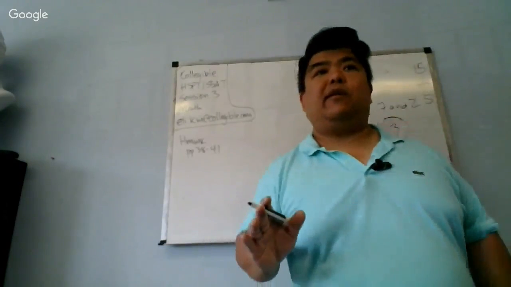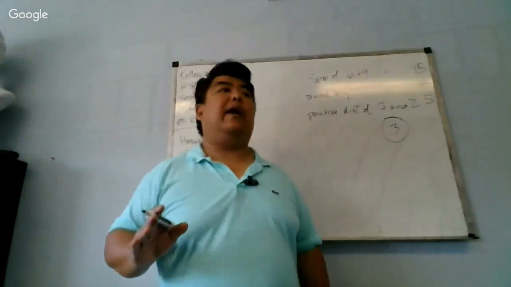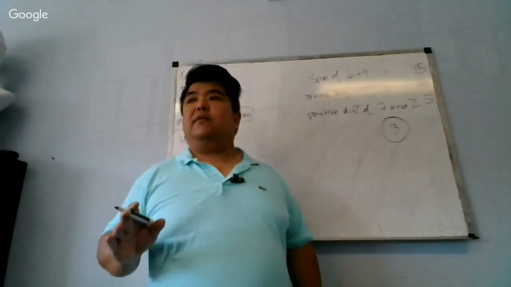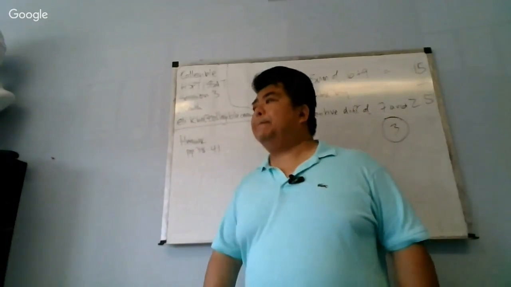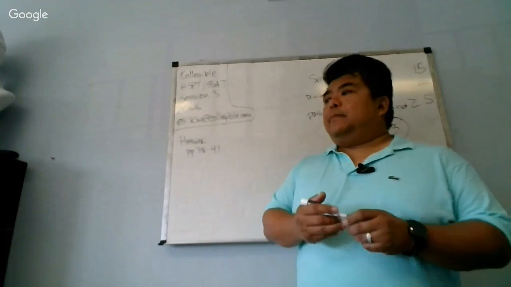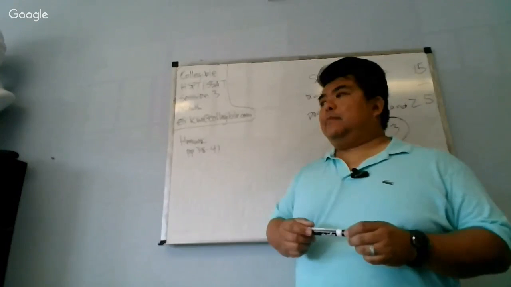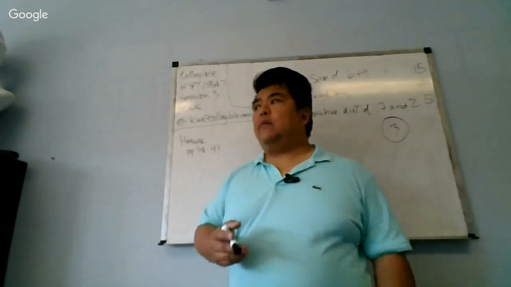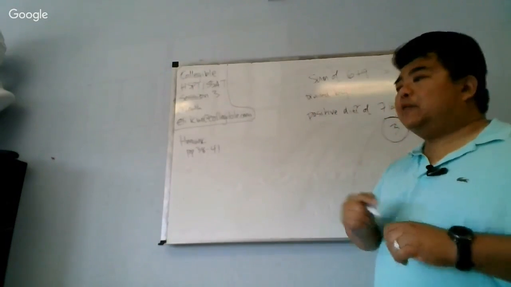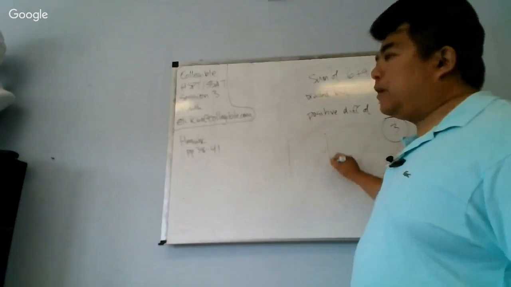Let me emphasize something here. How many of you guys have heard the phrase positive difference? What is positive difference, Jack? So you would always do the number with the higher absolute value minus the number with the lower absolute value. So if you did it the other way around, it would be negative. Right. Actually, you would take the absolute value of the whole thing regardless.